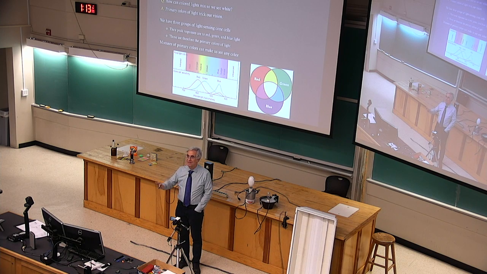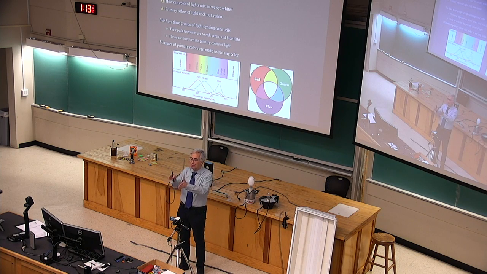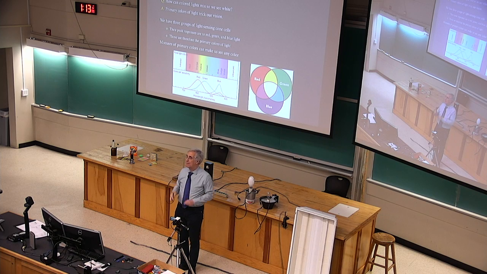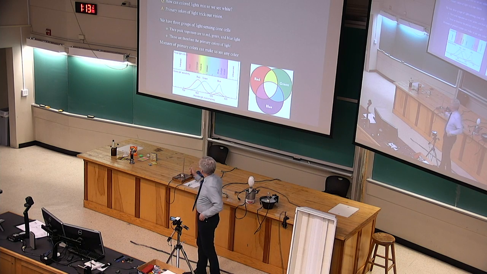Questions about this idea? With 3 different kinds of cells, you can see the whole rainbow spectrum just by the balance between how much those cells are excited by the light you're looking at. That means that if you go here, look at that orange or yellow, I'll concentrate on yellow.